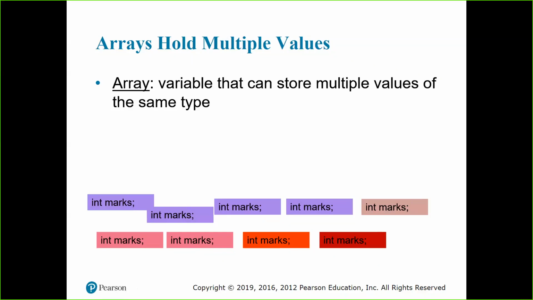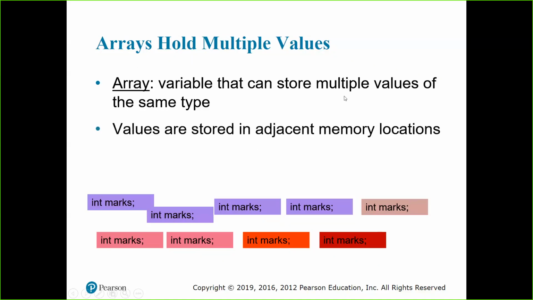So the solution is that we need one variable which is capable of storing many values. Such a variable which can store multiple values is called an array. The condition is that all the values must be of the same type.